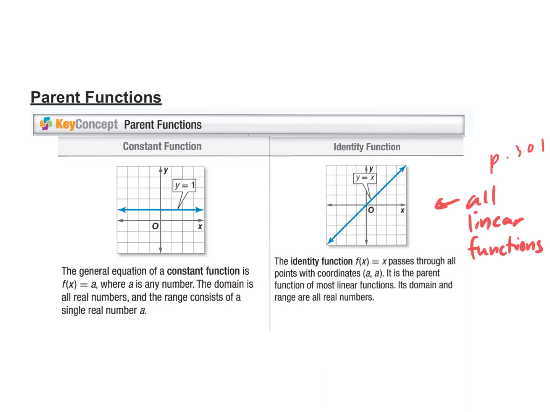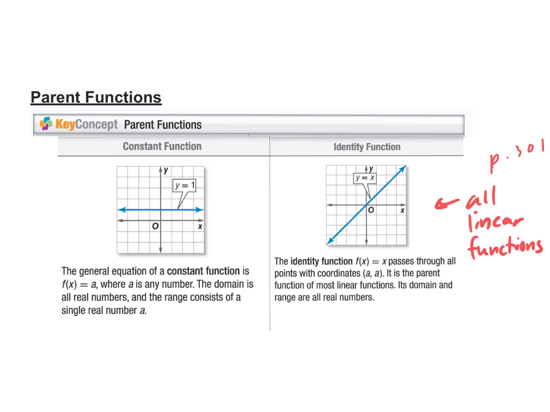And we're going to tweak it, change it, add stuff to it, multiply stuff to it, and every linear function comes from the identity function, okay? I'm going to show you how multiplying, dividing, adding, subtracting will impact this parent function to give us the new ones, okay?